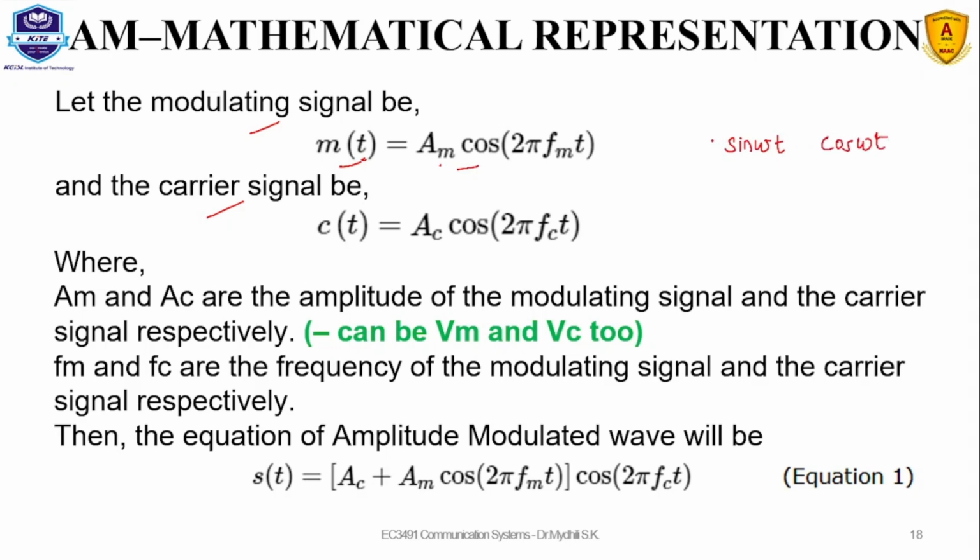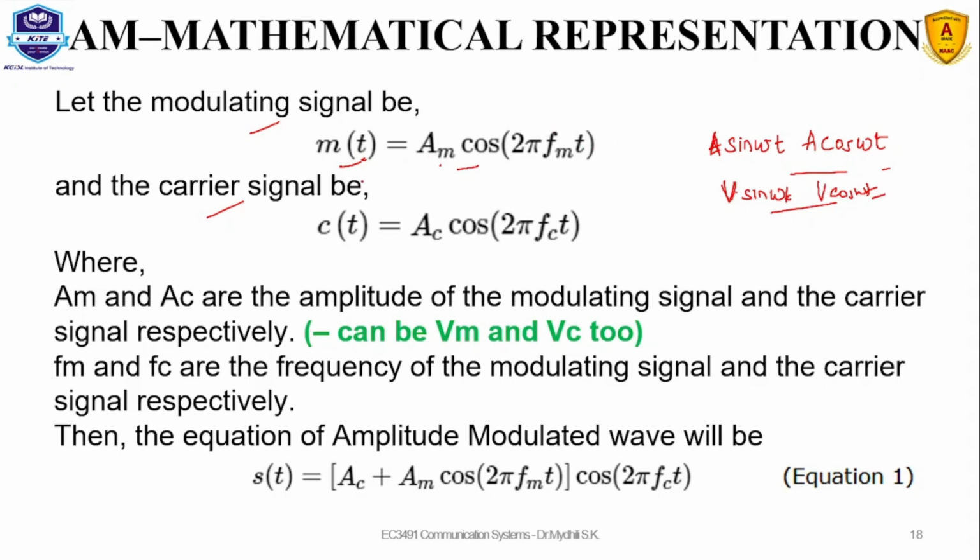Since we are having an amplitude change, I am using A here. In some other books it can be represented as V. V is also a voltage, and A is also called voltage or amplitude, right? So it is V sine omega t or V cos omega t. The terminologies can be different referring to different books, but the concept is the same.